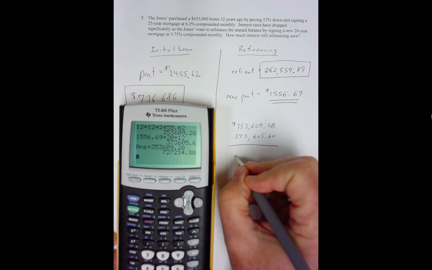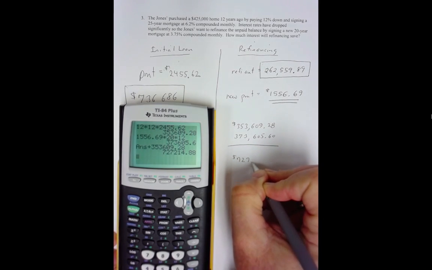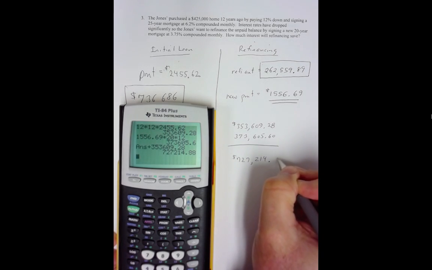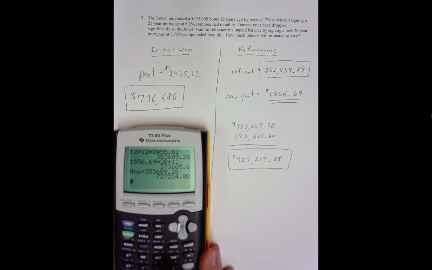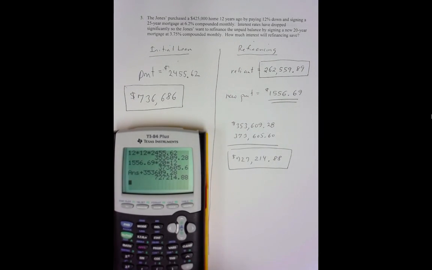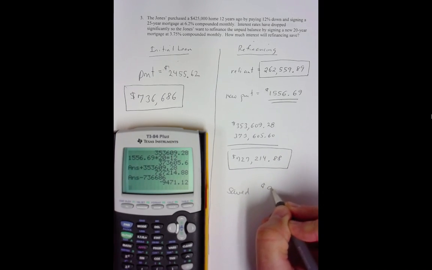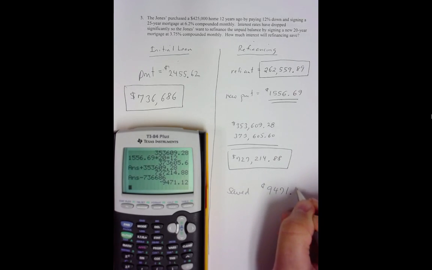So they have paid $727,214.88. That's how much they paid over here. Now compare that to the original, they only saved $9,471.12.